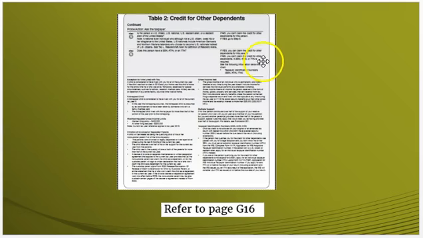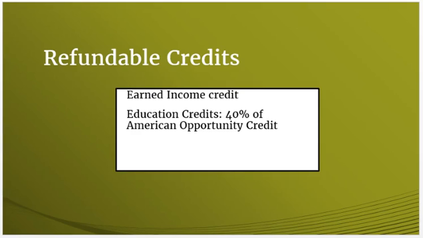So read this sheet on credit for other dependents. It's new and you don't want anybody to miss out on it if they are qualified to take it. Those are the main non-refundable credits that you are going to see.